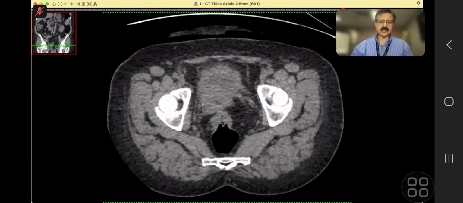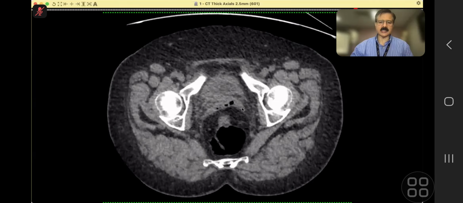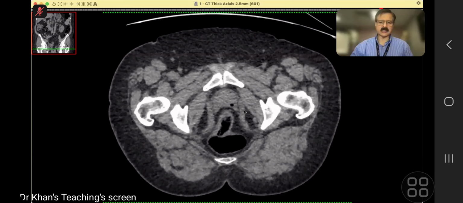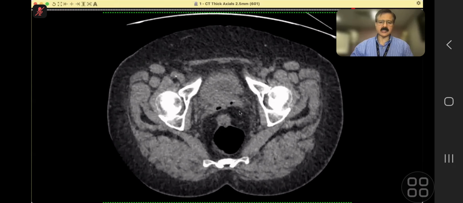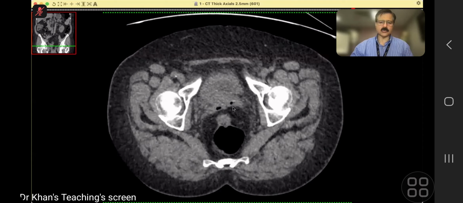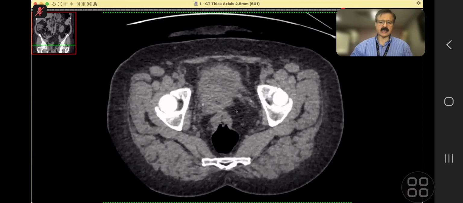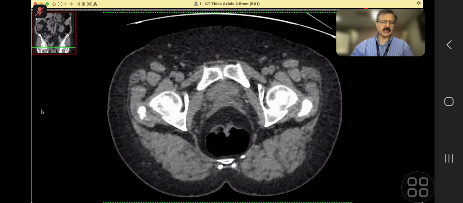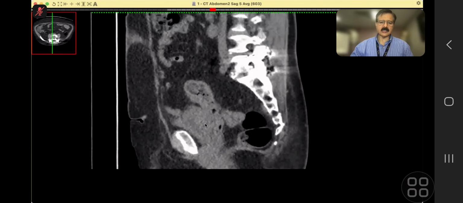Another point is the vagina. Now look here. This is the vagina, and you have to develop your eyes on an axial sequence for that. In the vagina, you can see air bubbles. This is an exam finding which you have to develop your eyes on, that there are air bubbles in the vagina. So something is happening. Then on the sagittal, this is the bladder.